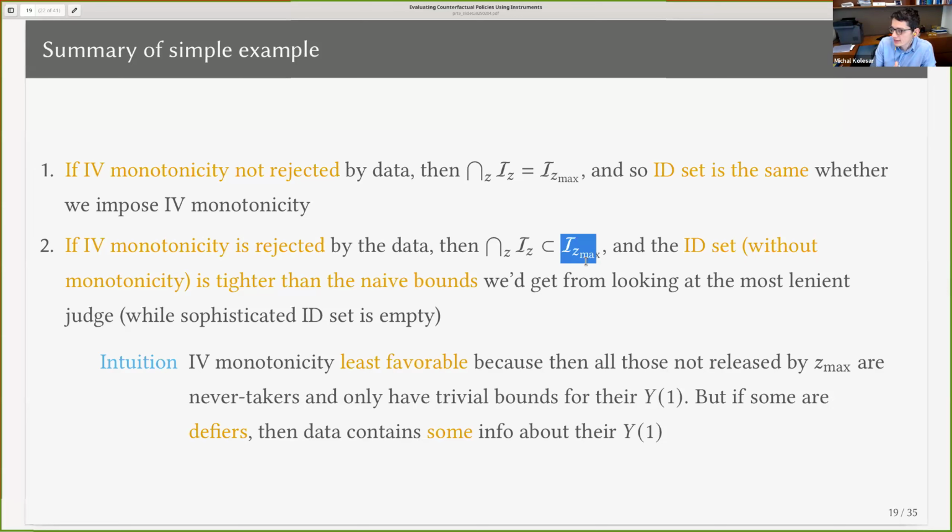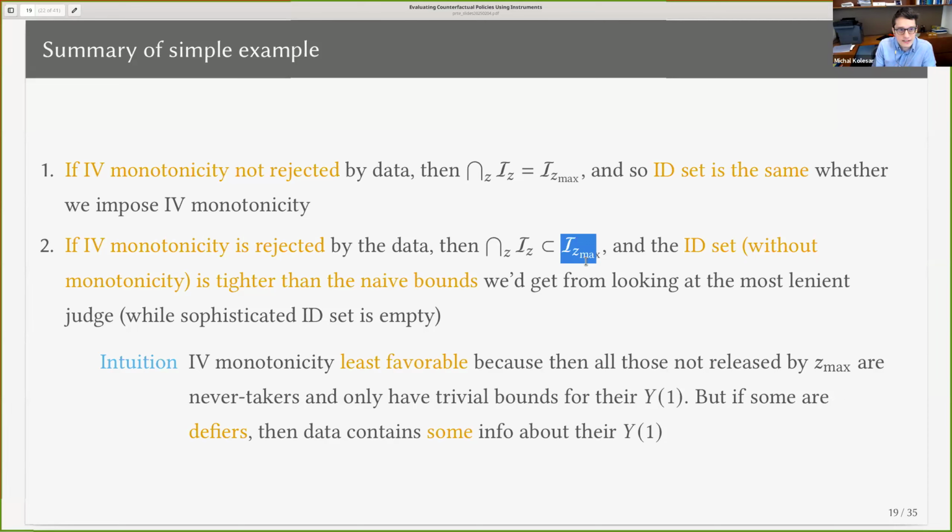if you impose monotonicity, all of those judges who are not released by the most lenient judge are always never takers. And so for those, we only have trivial bounds for what would happen to them if they're released.